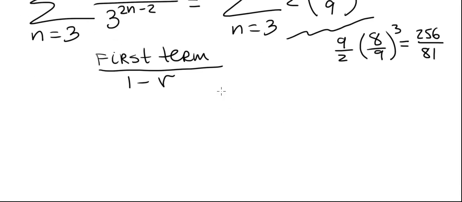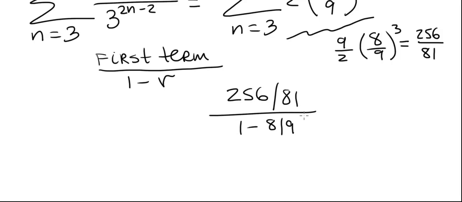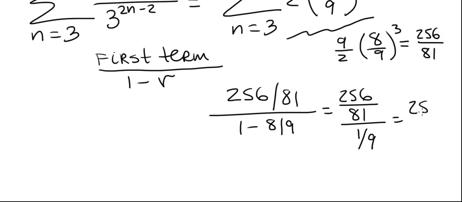The answer is the first term, which is 256 over 81 divided by 1 minus 8/9. So this is 256 divided by 81 divided by 1 over 9, which is 256 divided by 9, the same answer that we got before, because we're really doing the same thing.